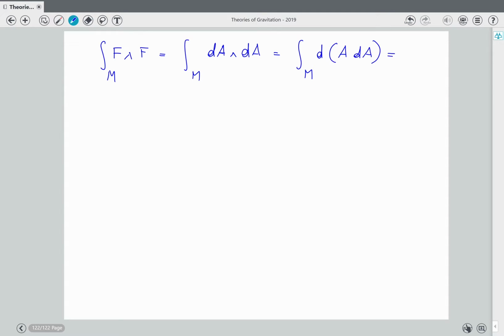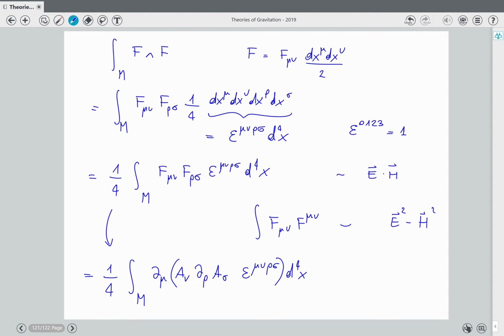And so by Stokes' theorem, that becomes the integral on the boundary of something. Now, this doesn't affect the field equations, the equations of motion. It might have some interest in some specific cases when you have a manifold with a boundary, but we will meet terms like these in gravity also.